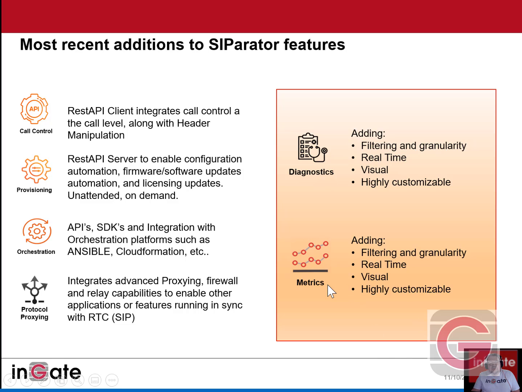And also the second topic we're going to talk about is metrics: how you can add capabilities to gather the right information and put it in such a way that you can understand the trends, what is happening with specific situations like CPU usage, memory usage, temperature on the unit, or SIP methods used, quantities, etc.